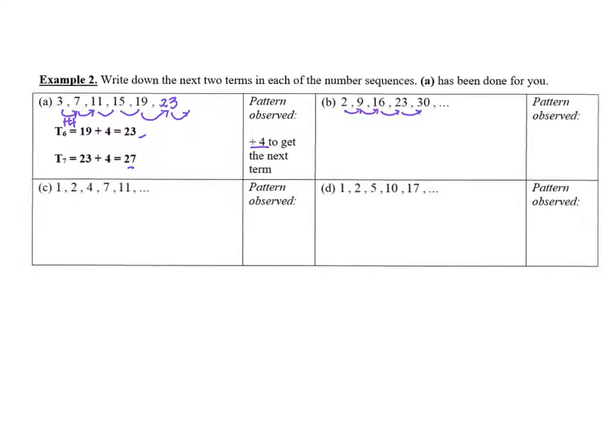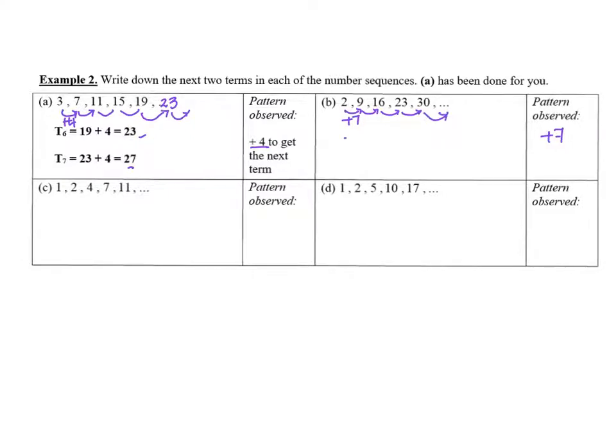So what is the pattern that you observe? Well, we added a 7 to get to the next term throughout. So the pattern observed is to add a 7. And then what will be the next term?